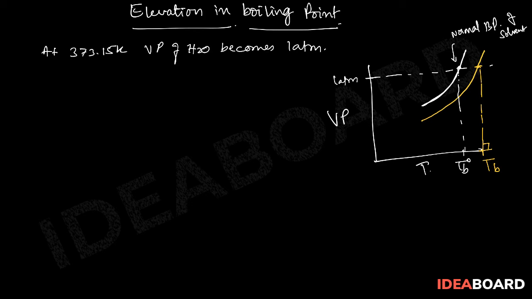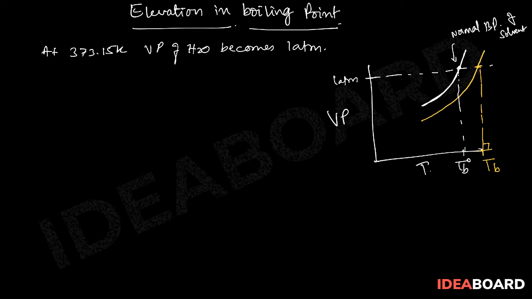So we can easily understand that the lowering of vapor pressure has also caused the elevation of boiling point, and in a similar manner to that of lowering of vapor pressure, the elevation in boiling point also depends on number of solute particles rather than their nature.